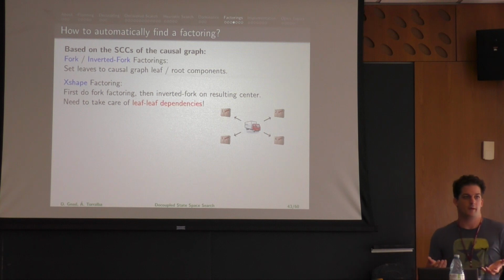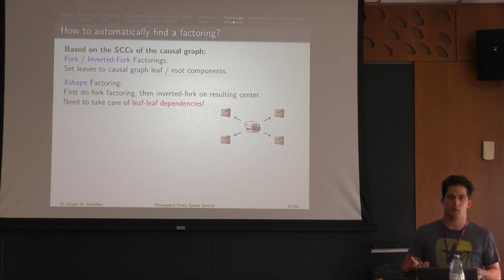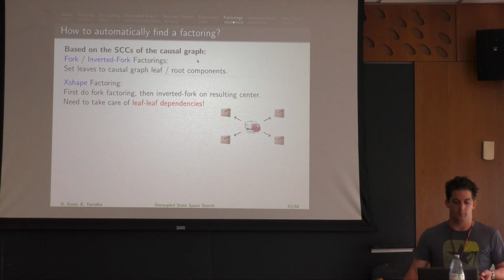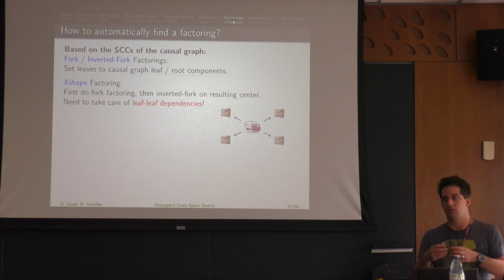So how to automatically find the factoring? Well, there are easy cases and there are hard cases. In most of our prior work, we focused on the easy cases, where by analyzing the strongly connected components of the causal graph, you could easily identify a factoring. Fork structures and inverted fork structures are really well known in planning. There are many works that try to identify such structures and thereby exploit certain properties.